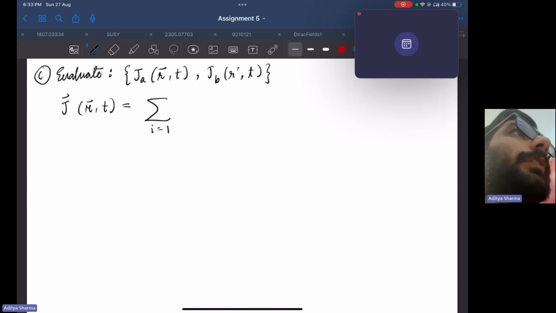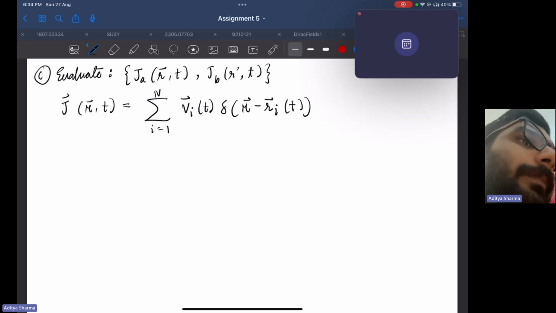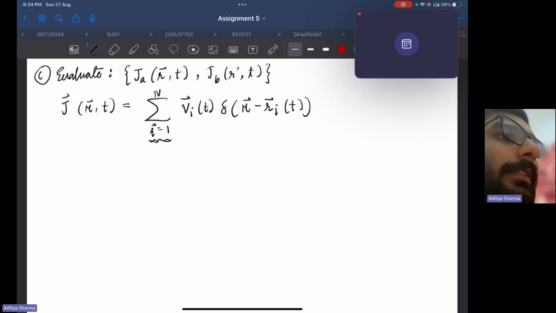So I from 1 to N, velocity Vi of T, this is a vector, Dirac delta of R vector minus Ri vector. I think this will make it clear if you're confused with the notation. So say there are N particles and they have mass m, right? This I is the summation for these N particles.